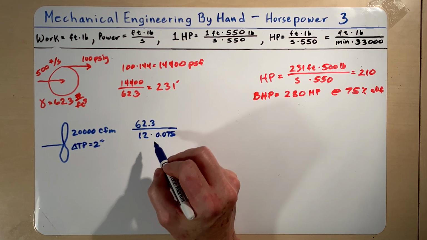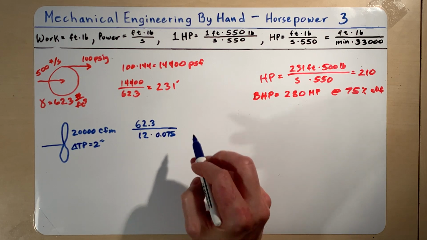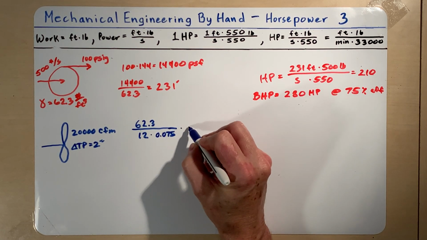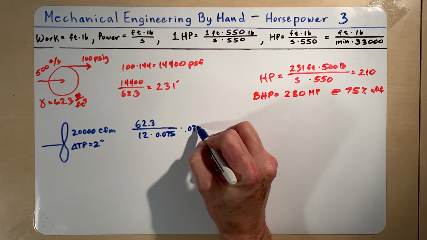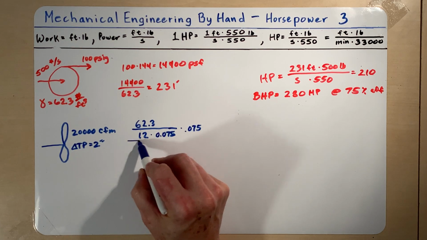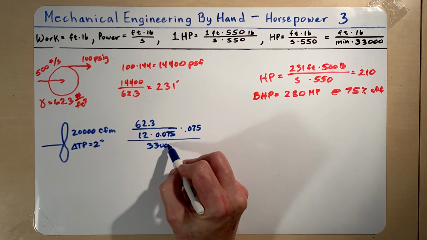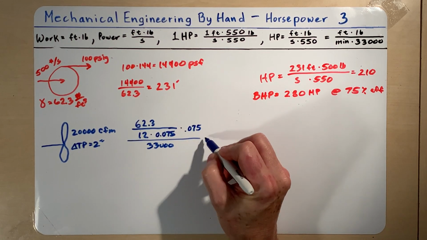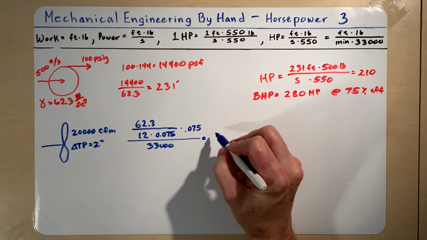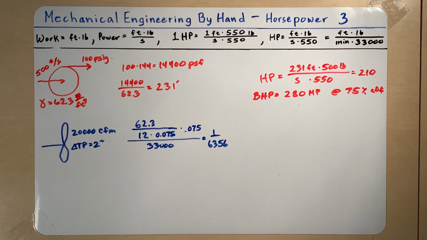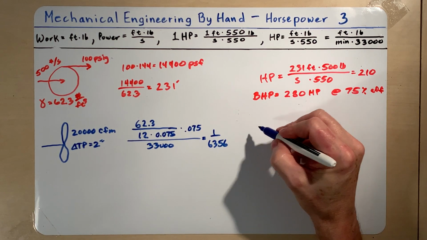And then I'm just going to carry on with this. It'll make sense later. We multiply times the density of air and divide by 33,000, and all of this equals 1 over 6356, which is part of an equation you may have seen for air horsepower, which is this.